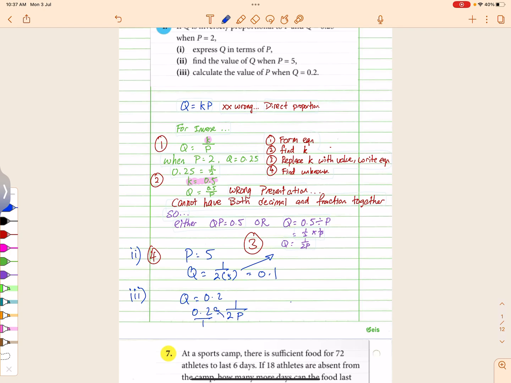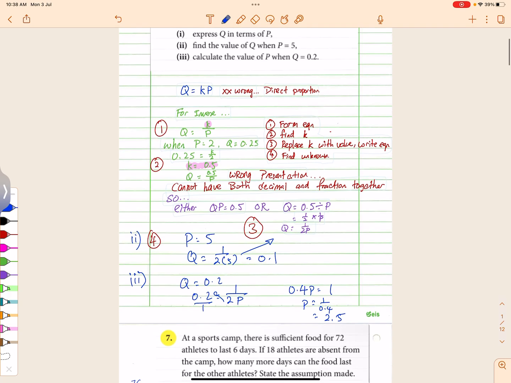So I will have 0.4P equals 1, P equals 1 over 0.4. No worries, take out your calculator, and you probably will get the answer pretty quickly, right? So it is just 2.5. Okay, so there you go. That is for question 4.